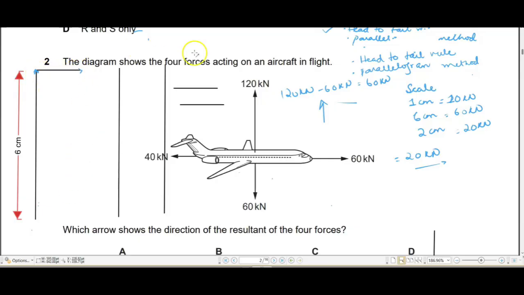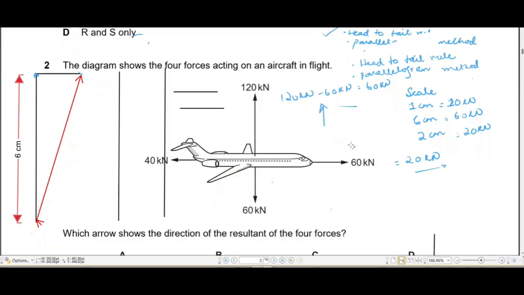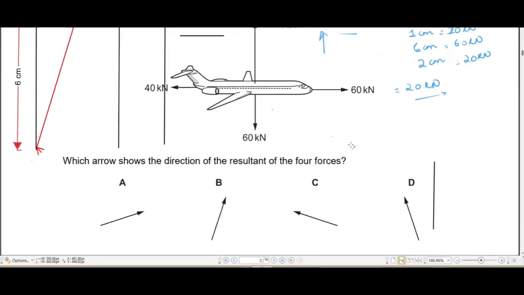And then there is going to be a resultant vector from the tail of the first vector to the head of the second vector. Okay, so this is the head to tail method to add vectors. Is that clear? So we have our resultant vector over here, and if we see, it resembles option B over here. Okay?